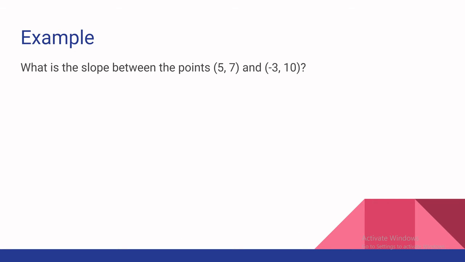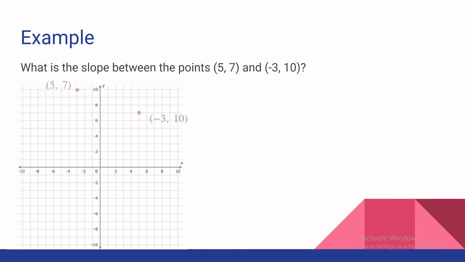What is the slope between the points 5, 7 and -3, 10? This time we're only given the points. We're not given a graph or a line to look at. Well, here we use an important formula. So from this we can see that the rise is -3 and the run is 8. So it's -3 over 8.